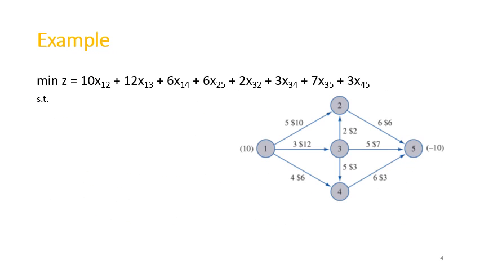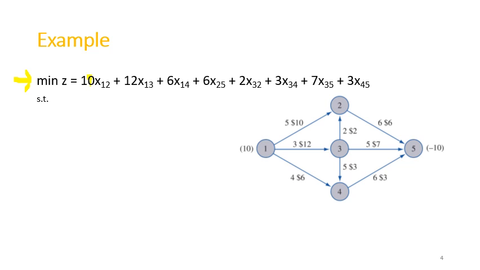Now let's take a look at an example of a minimum cost network flow problem. We're going to solve this problem using the network simplex method. The objective function of this problem is to minimize the total cost of all flows flowing through this network.